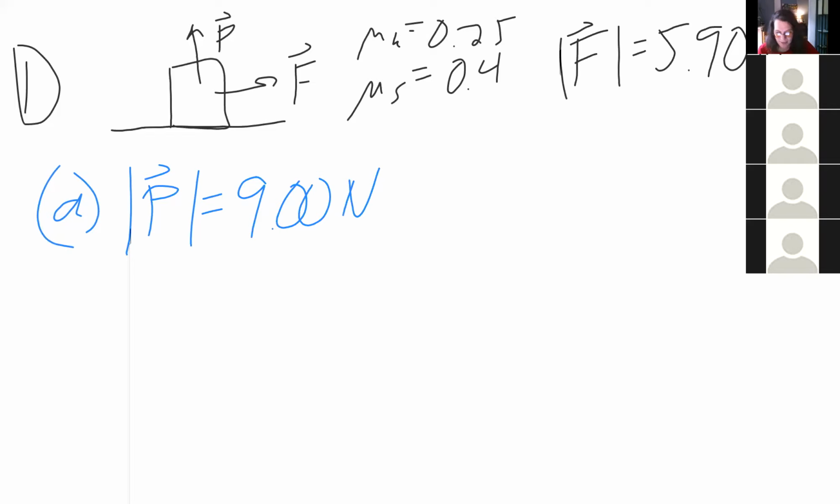So to go back up to our diagram, we can label the direction of our frictional force. We know that it'll be to the left, whatever it happens to be. So we can go ahead and call that F sub F for frictional force. What other forces are acting on this object? Well, in order for the frictional force to work, we need a normal force, and the normal force is always perpendicular to our point of contact.